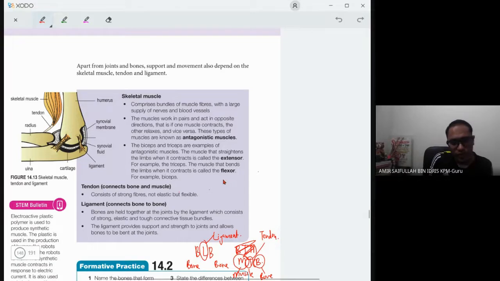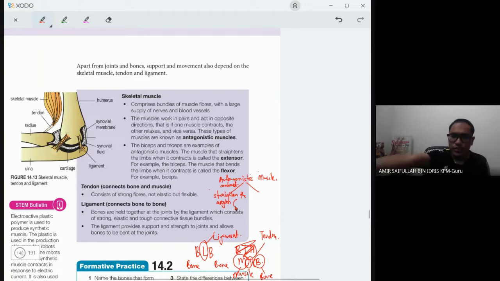So, antagonistic muscle. So, got two. If it straightens the arm ataupun the organ, when it contracts, it straightens the arm or organ, it is called as what?